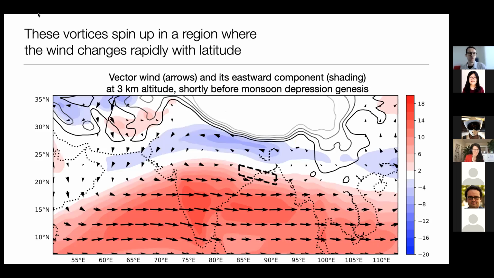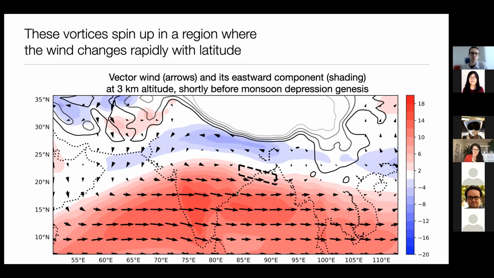And with these vortices, what we want to know is, why do these vortices form with such high frequency over this region of South Asia? I'm showing you here a suggestion, at least one aspect that I'm going to explore in the rest of my talk that my group has been working on, which is that these vortices are spinning up in a region where the wind changes rapidly with latitude.